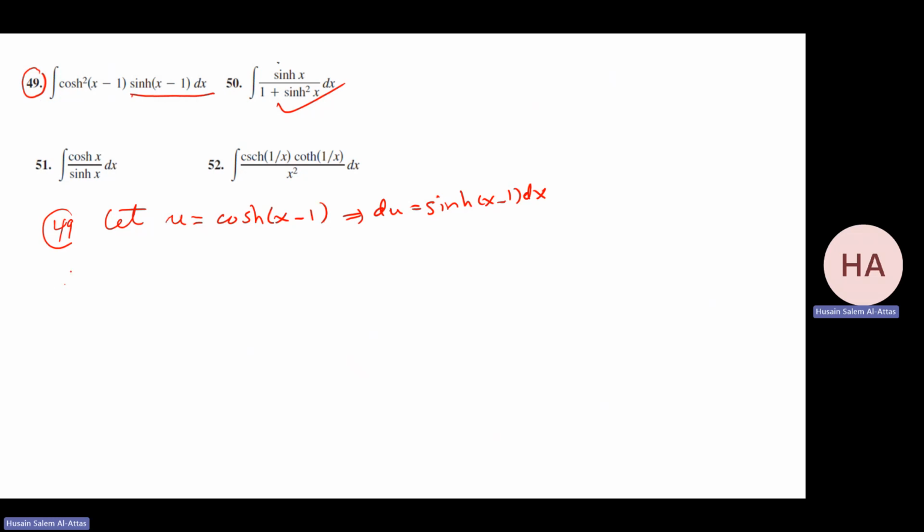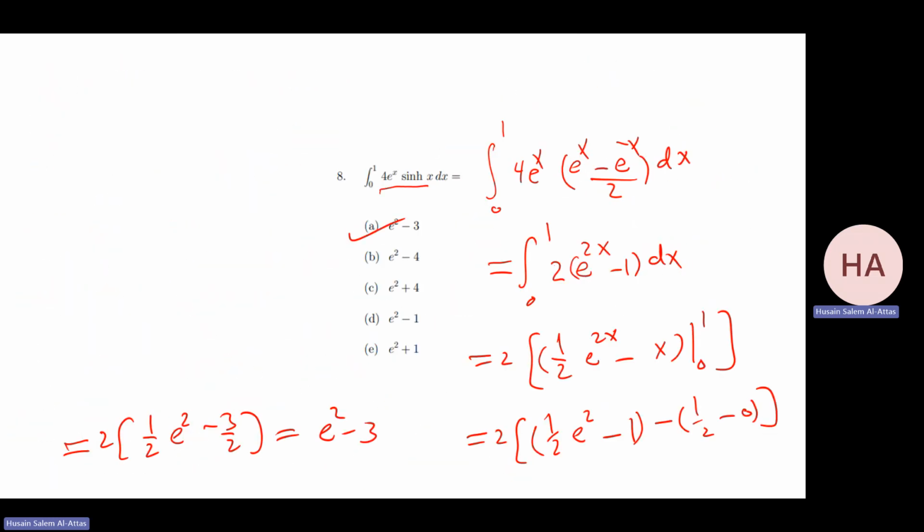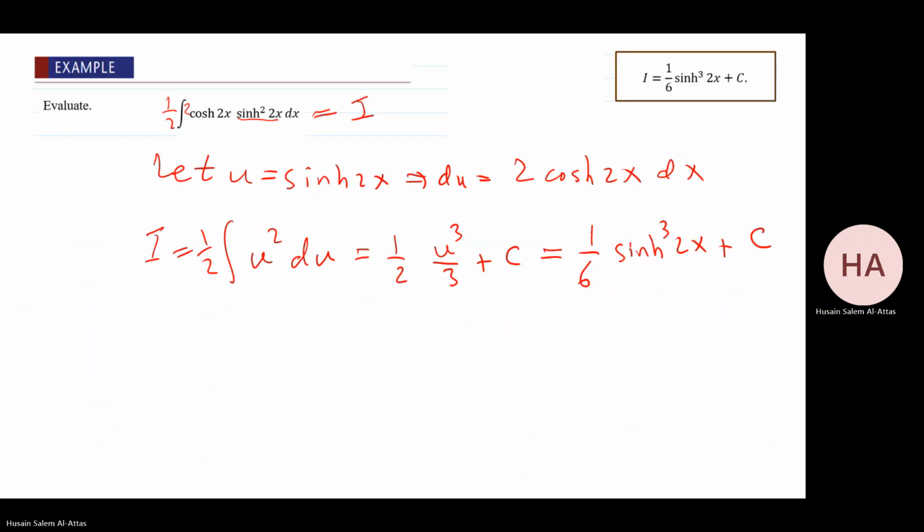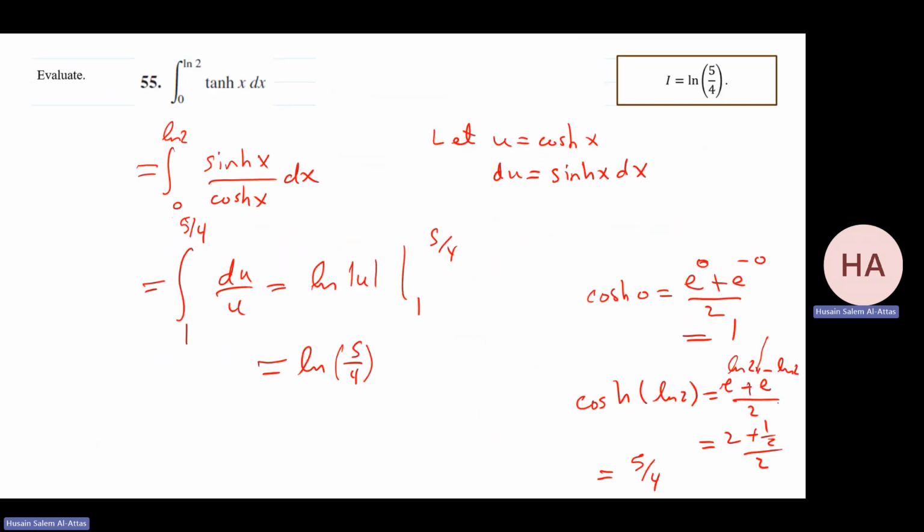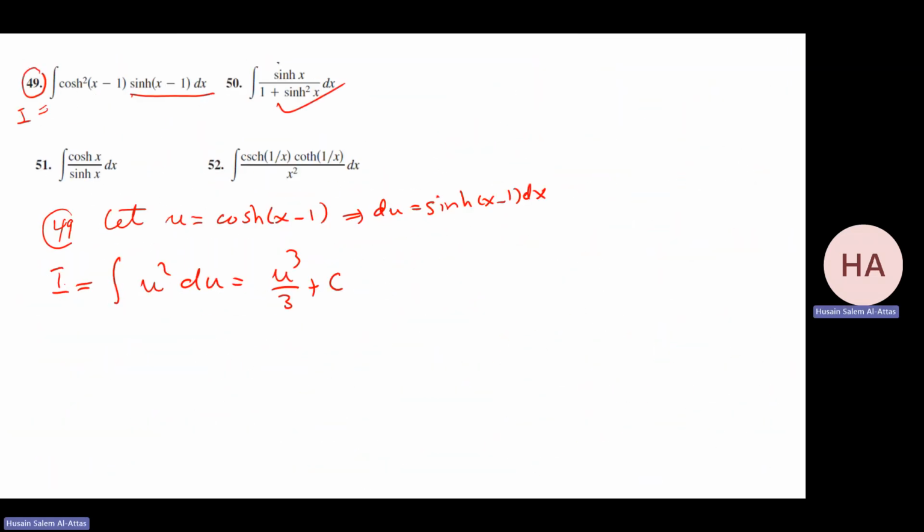So I will have the integral of u squared du, and that gives me u cubed over 3 plus c. I think we did this before, somehow similar to this one. Actually this one is easier. So that gives me 1 over 3 cosine hyperbolic cubed of x minus 1 plus c.